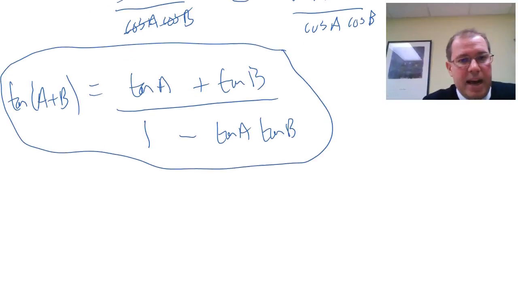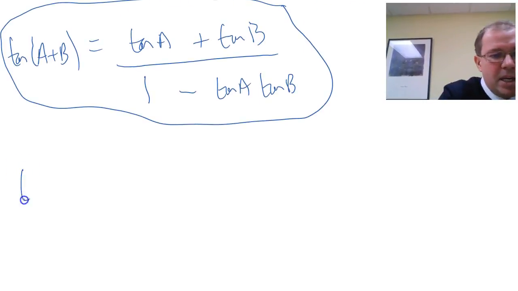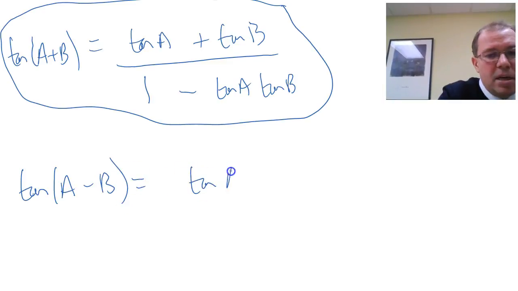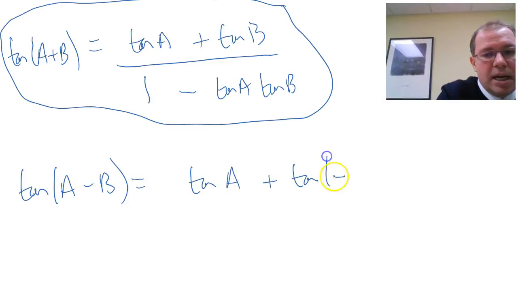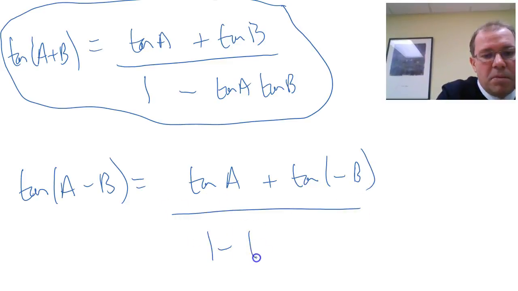So to get our final formula, tan(a − b), we just swap as before the b for a minus b. So tan a plus tan(−b) over 1 minus tan a tan(−b).